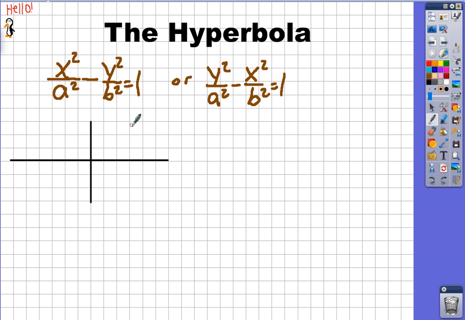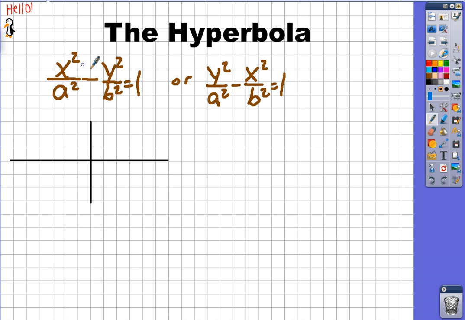Now, another difference: the ellipse had a major and a minor axis. We don't have that with the hyperbola. We have a transverse axis, and we have asymptotes. We have vertices and foci in a center still, but we don't have a major or minor axis. We have a transverse axis. So one of the things you should also notice is that a squared is still first both times here.